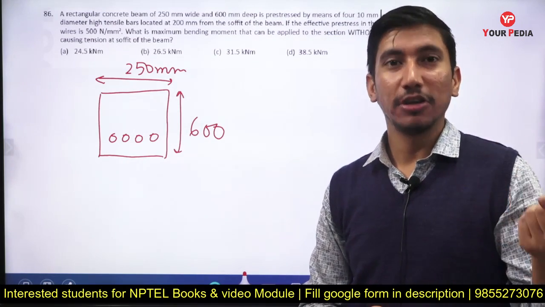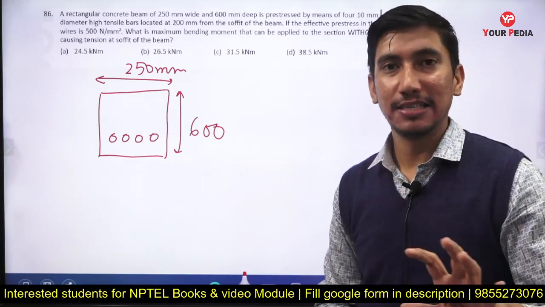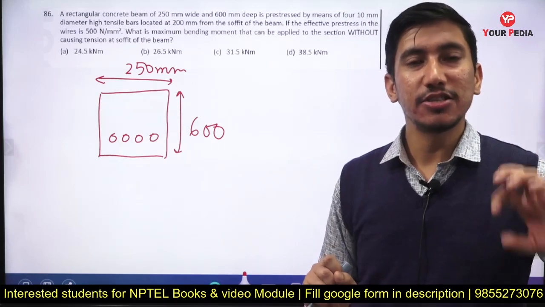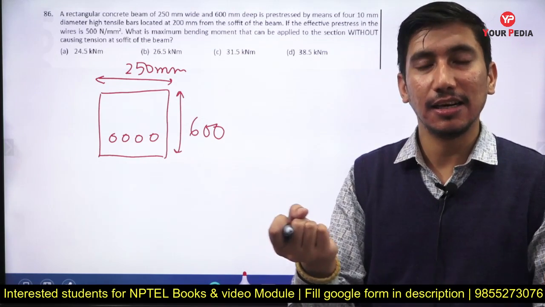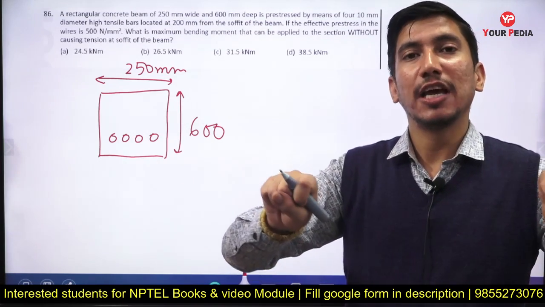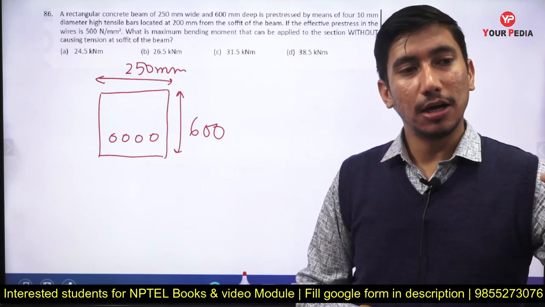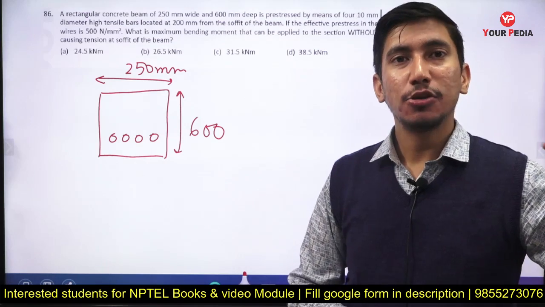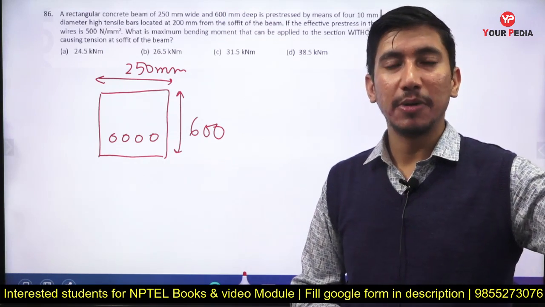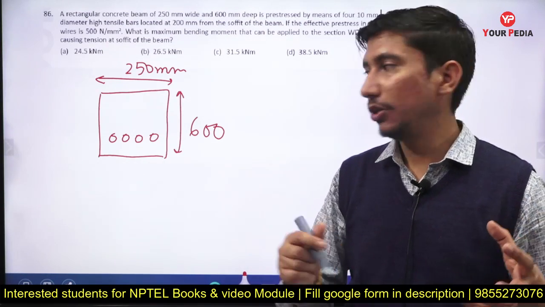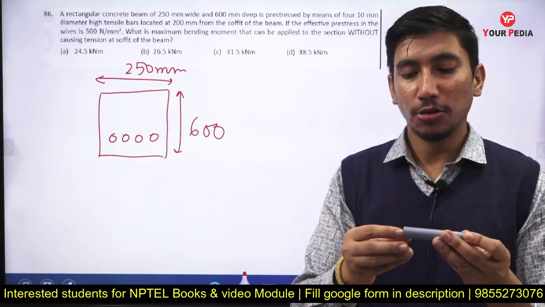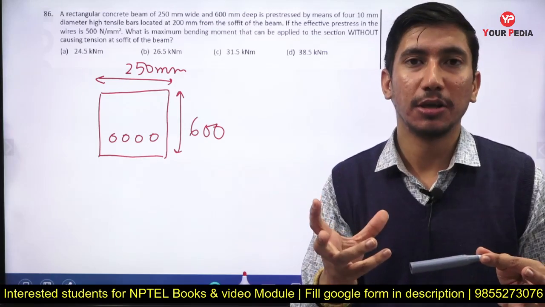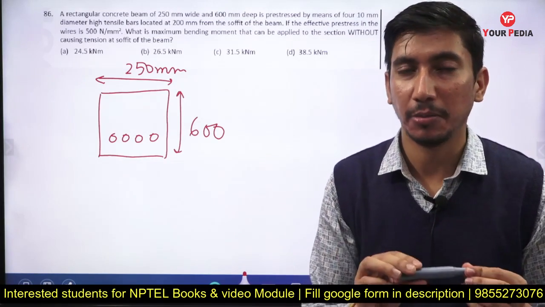Now let me also tell you the reason why we don't use mild steel for this, because there will be pre-stress loss. A large percentage of the pre-stress that we have provided, the tensile stress with which we have pulled this steel out, would be lost. Okay, so we want some to still remain, so we use high tensile steel, so that their tensile strength is about 1200 Newton per millimeter square or 1500 Newton per millimeter square.